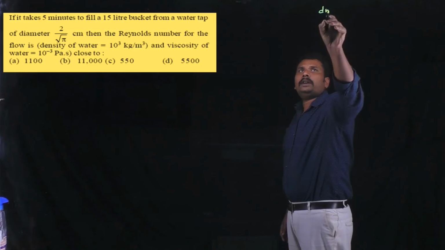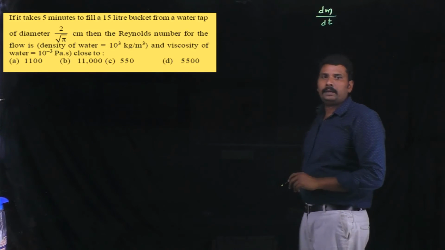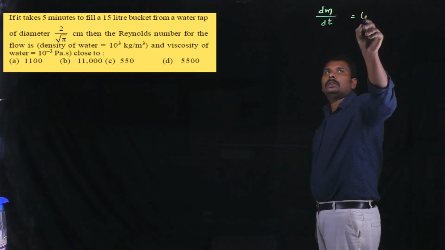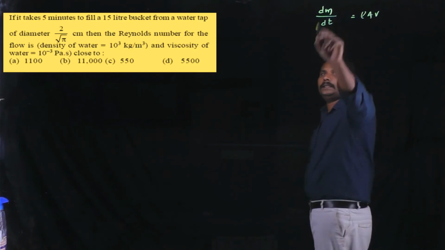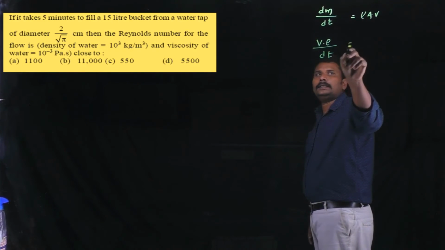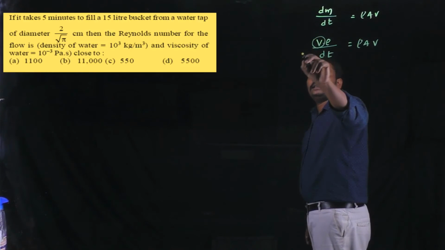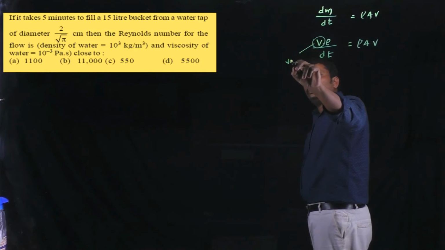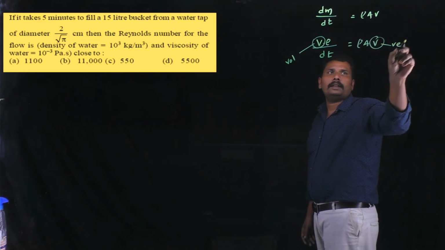Now, from the equation of continuity, rate of flow of water can be written as dm by dt is equals to rho AV. Here mass is nothing but volume into density, so volume into density by dt is equals to rho AV. Here this V indicates volume and this V indicates velocity.